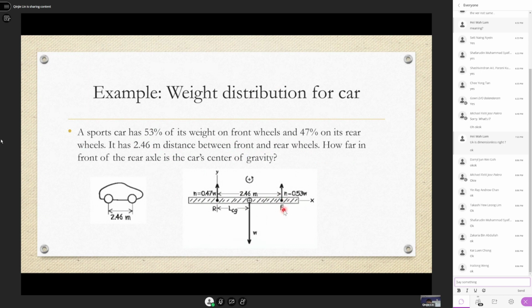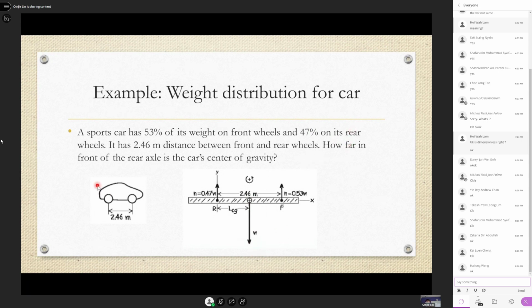And then the normal force here is 0.53 W, and here is 0.47 W, because they already tell you the percentage distribution. The whole weight, of course, you will have at the center of mass, at the CG also, you will have a weight that is pointing downwards.